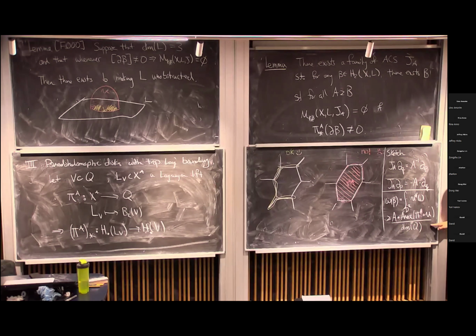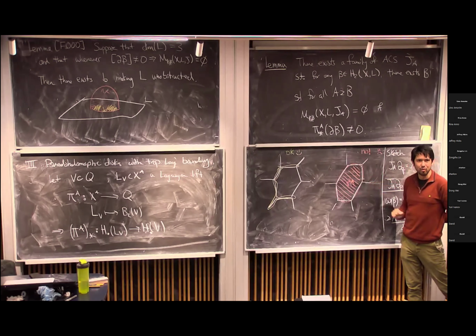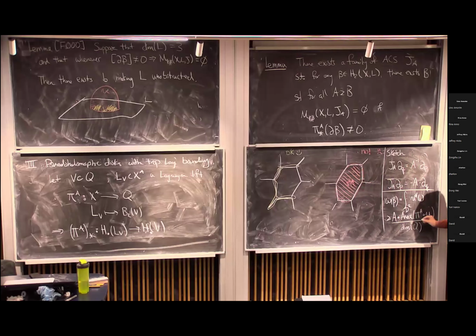On the other hand, I have a quantity where this area over here can be bounded away from 0 because I've said that my disk has some kind of non-trivial homology going around. So there's some kind of minimal area that this disk could have in the Q plane. So this is area as measured in Q. On the other hand, I'm multiplying that quantity by A. Right, so eventually there's going to be an A big enough that this inequality has to be violated. So once I choose A that large, there are going to be no holomorphic disks living in that class.